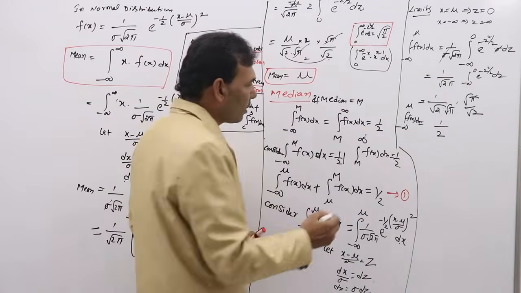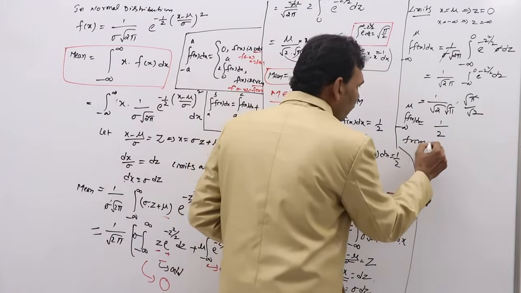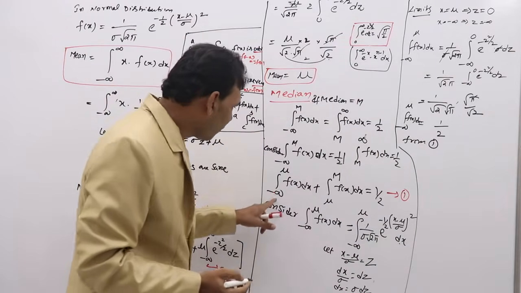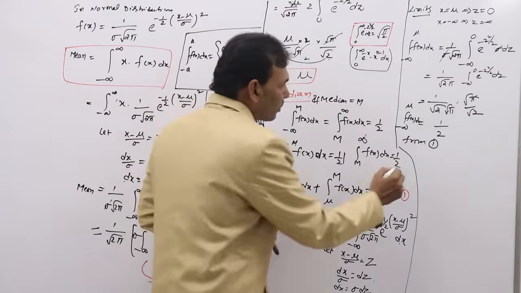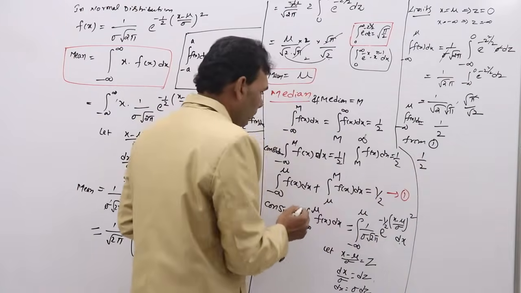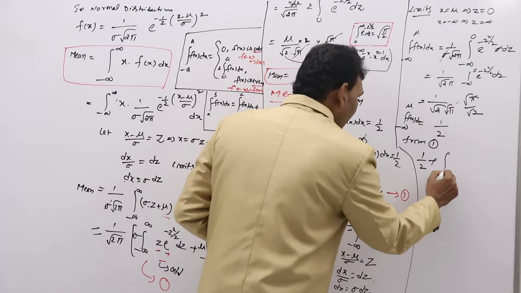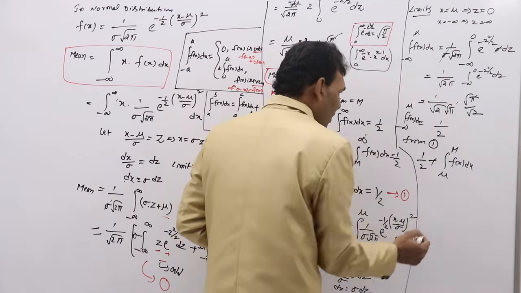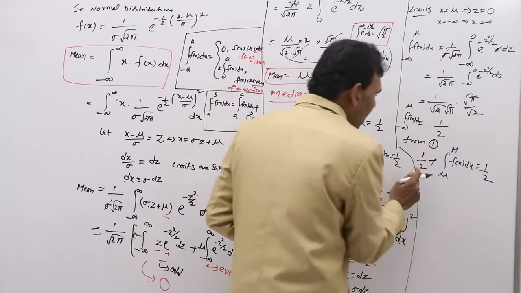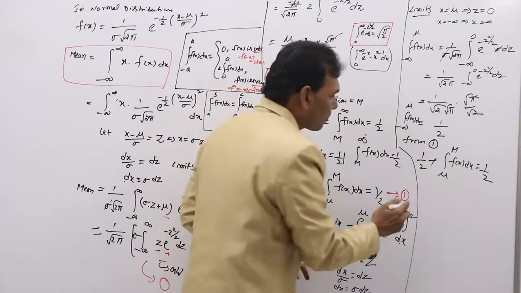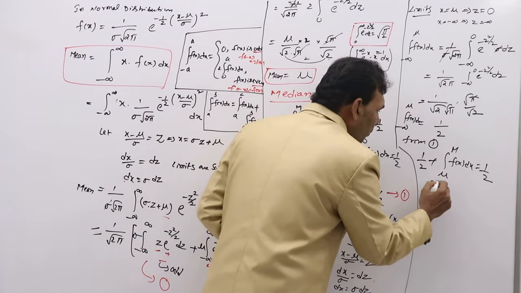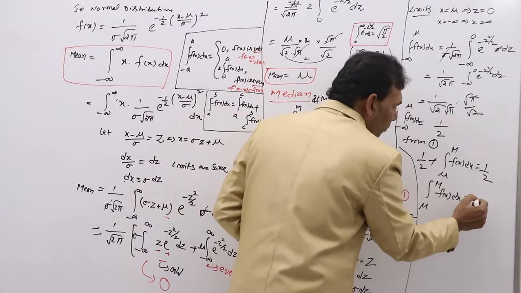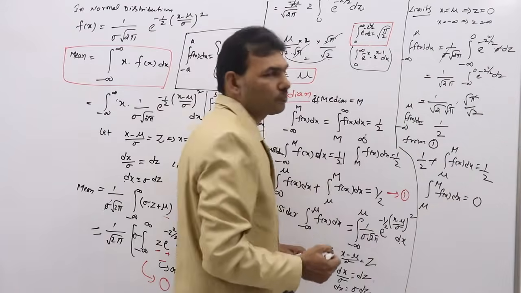So from the first equation, if you substitute that value here, this value is 1 by 2. 1 by 2 plus the integral from mu to m of f of x dx equals 1 by 2. Send this 1 by 2 to the RHS. The integral from mu to m of f of x dx equals 1 by 2 minus 1 by 2, which is 0.